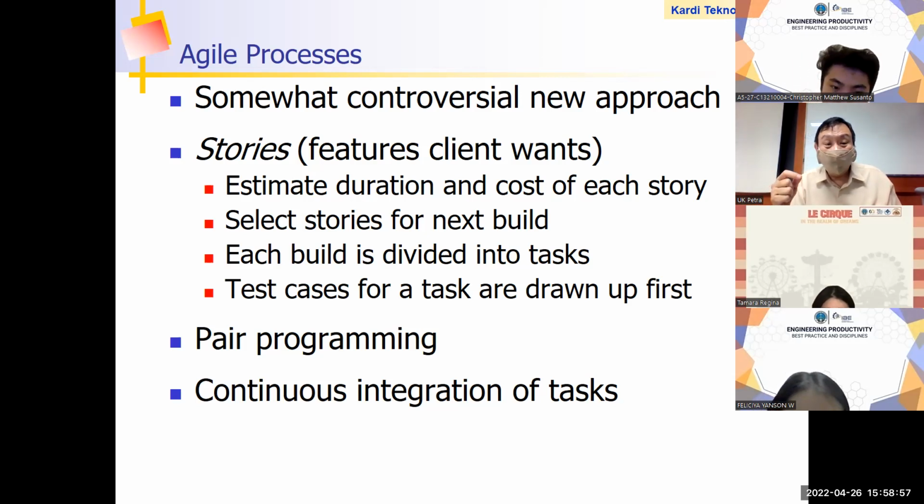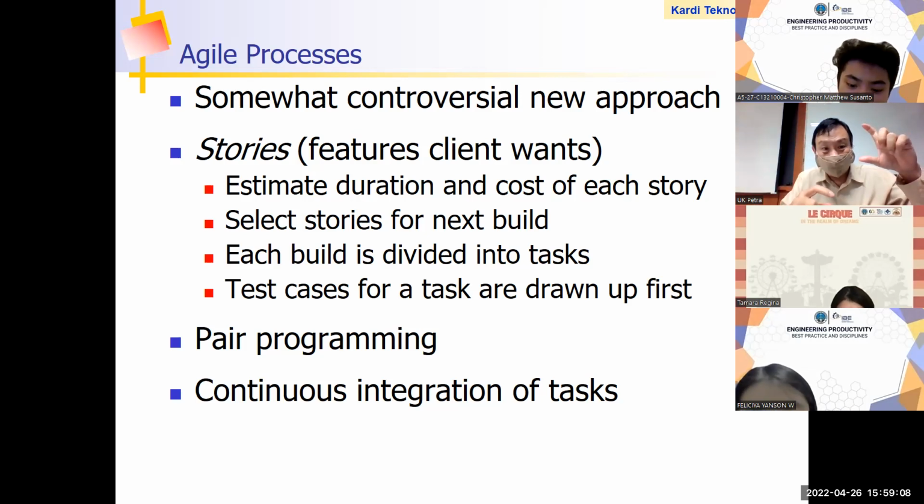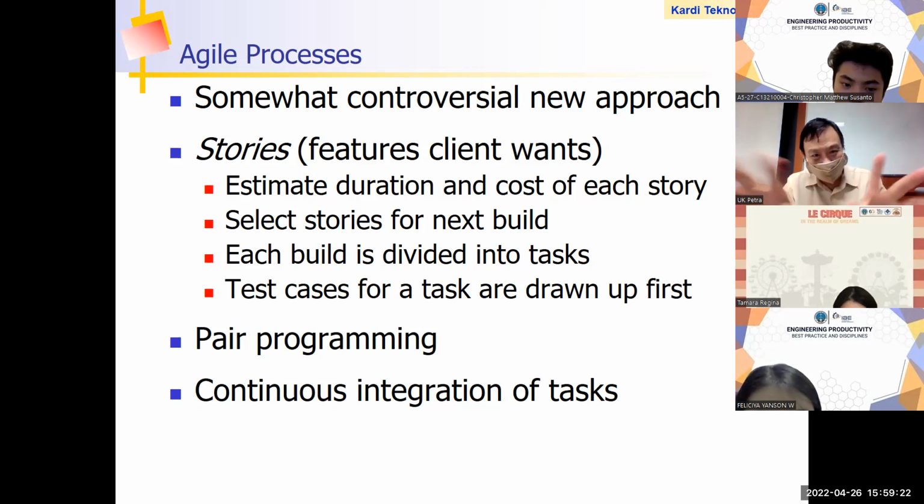Then you select the stories based on the next iteration, and each iteration is divided into tasks. Then you create the test cases for the tasks. So the requirement, instead of use cases, uses stories. In a moment, I will show you an example.